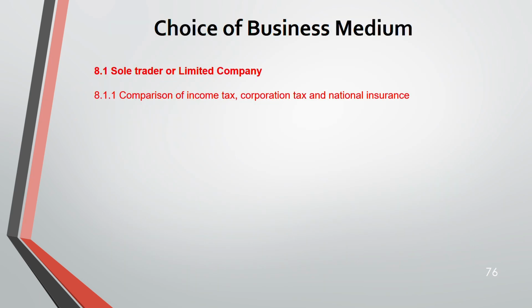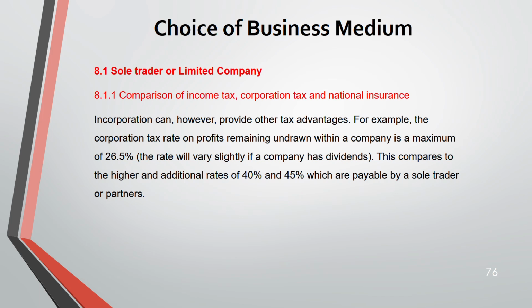Now, moving on. Incorporation has some tax advantages. For example, the corporation tax rate on profits remaining undrawn within a company is a maximum of 26.5%.